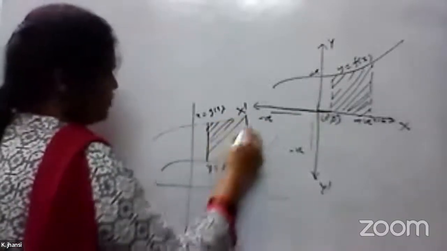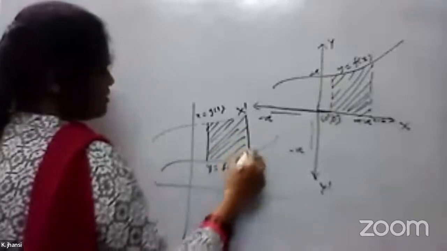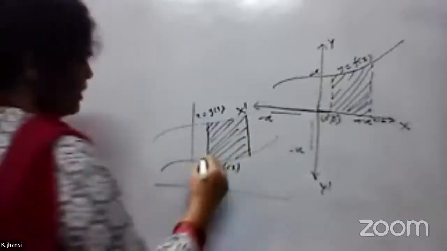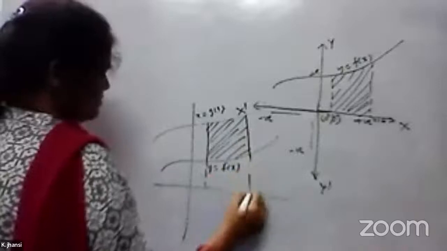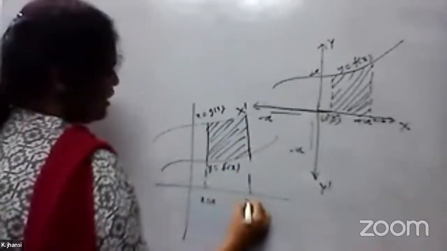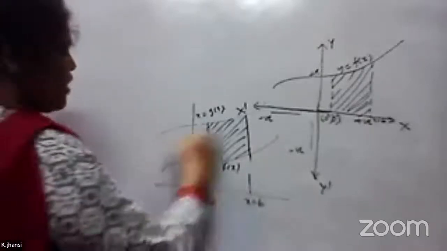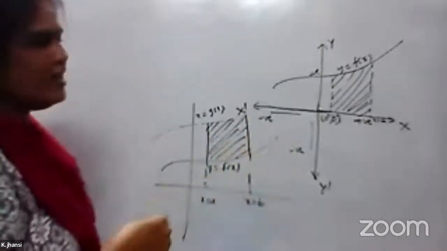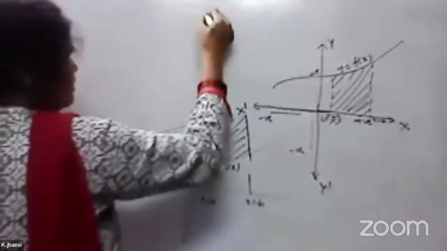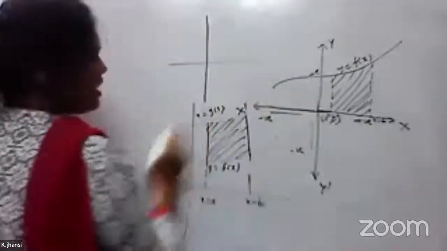You will get x equals a and x equals b as limit points. Here the two functions are not intersecting. In some cases, the two given functions will intersect.